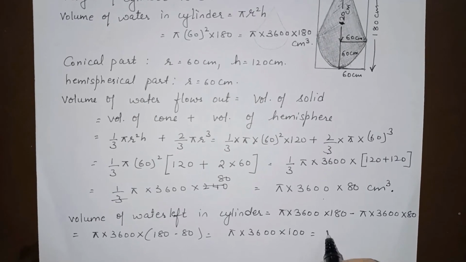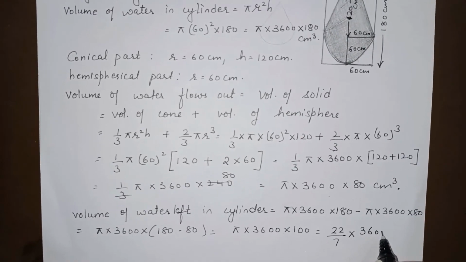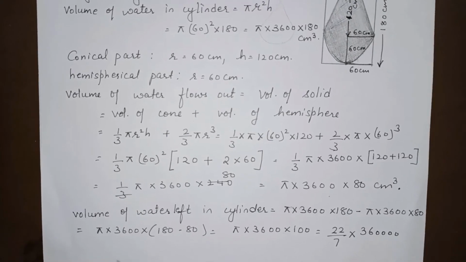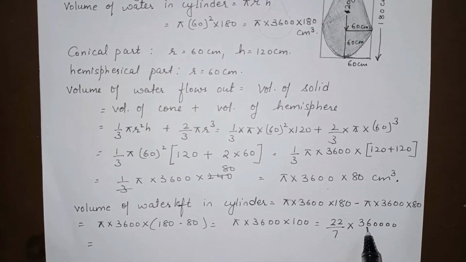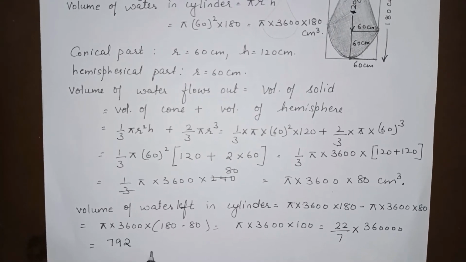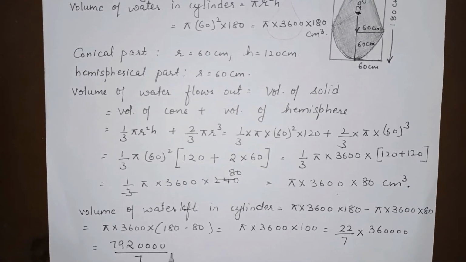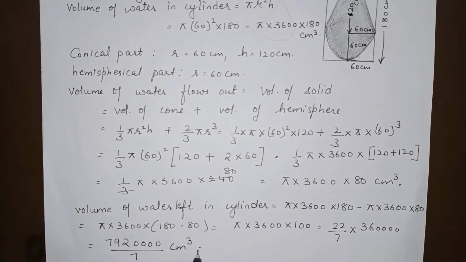So let us calculate it. Pi is 22 by 7 into 360,000. Okay. Now when this 22 is multiplied by this, we will get 792 followed by 40 over 7. And remember, this is in centimeter cube.